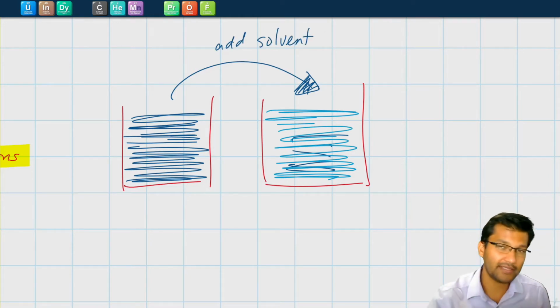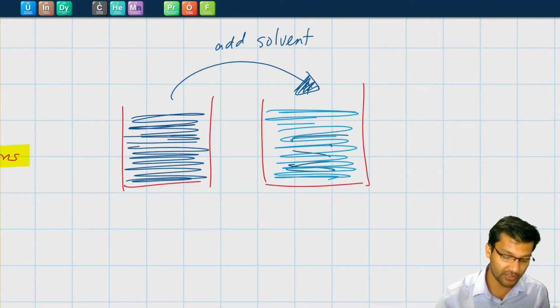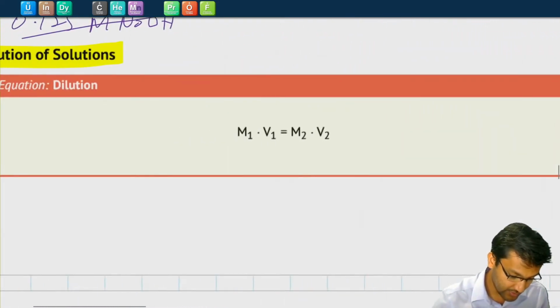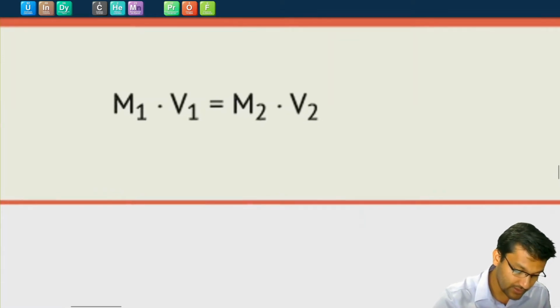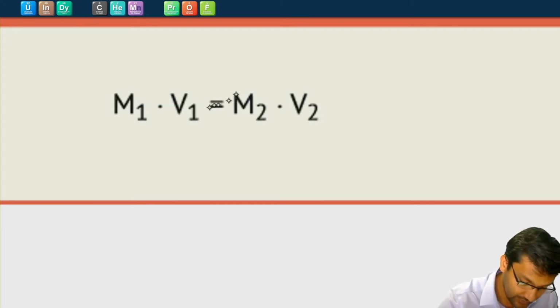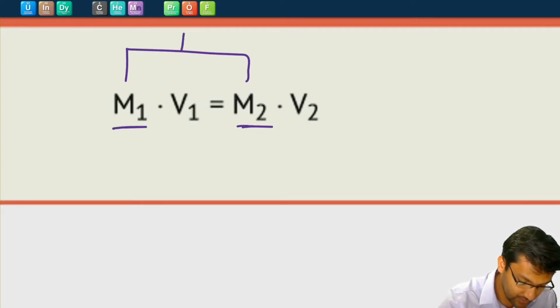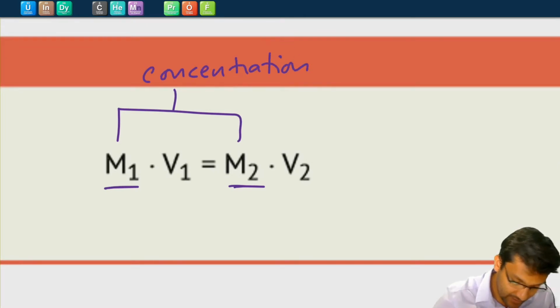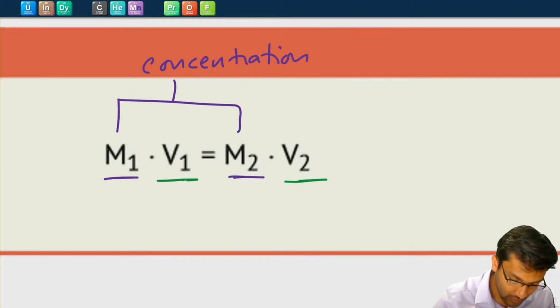But more than just creating a diluted solution, what we're interested in is calculating exactly what the new concentration of the solution might be. And to do that, we use this dilution equation, M1V1 is equal to M2V2, where M in this equation represents the molarity or concentration, and V represents the volume of solution.